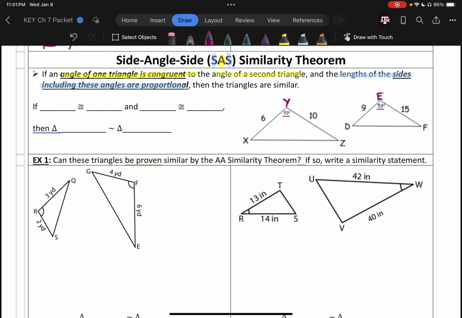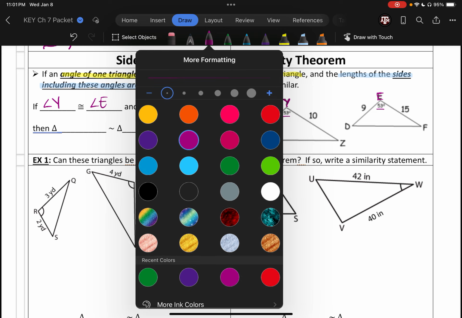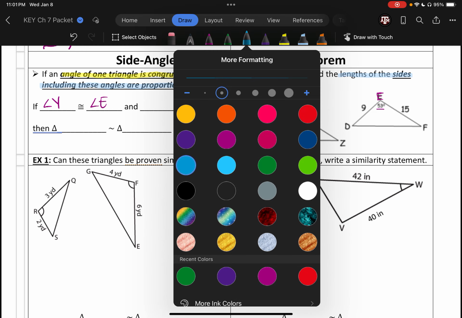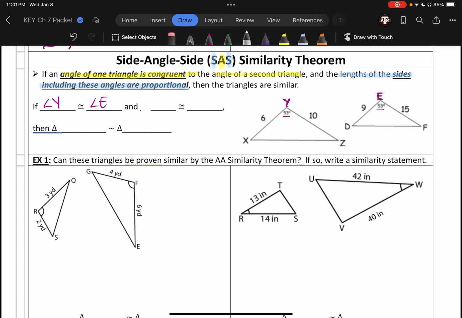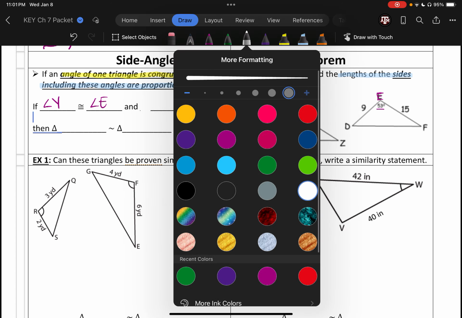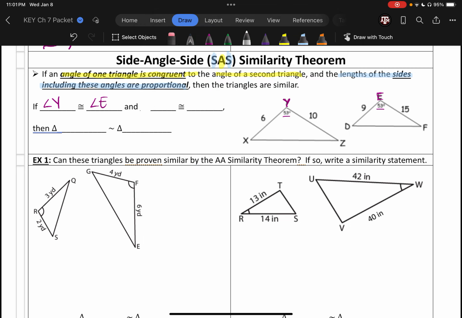So we can start off by saying angle Y is congruent to angle E. The only thing we need to cross out here is the congruent symbol. That's what's throwing me off. This should say equal.